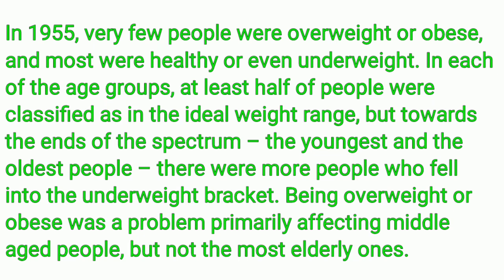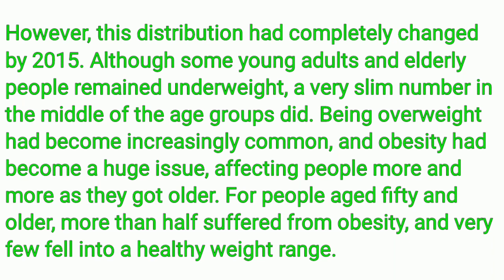But towards the ends of the spectrum, the youngest and the oldest people, there were more people who fell into the underweight bracket. Being overweight or obese was a problem primarily affecting middle-aged people, but not the most elderly ones. However, this distribution had completely changed by 2015.